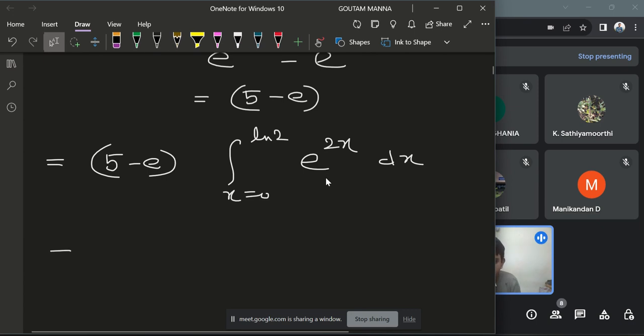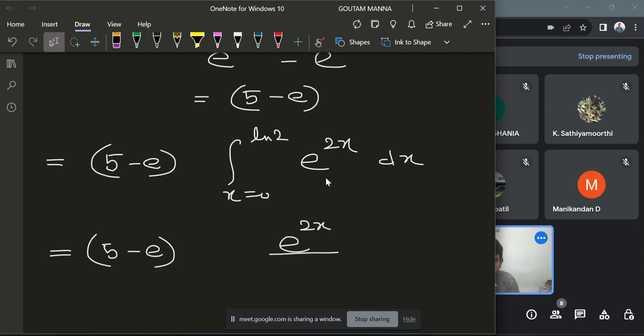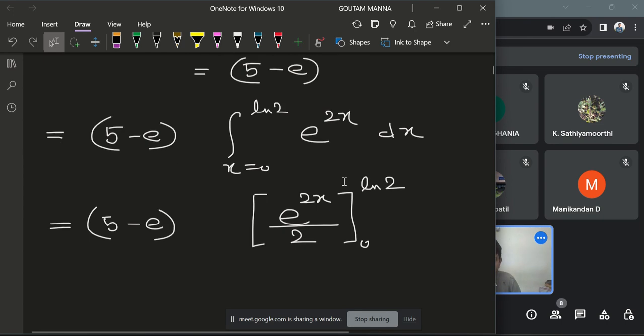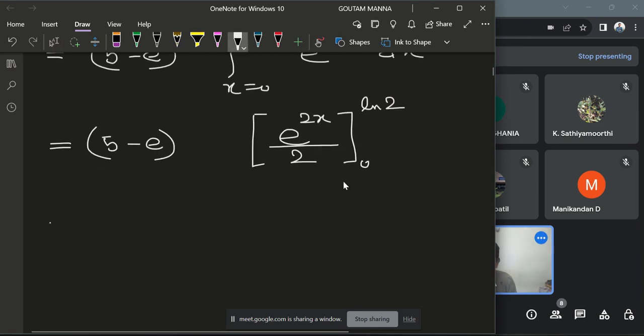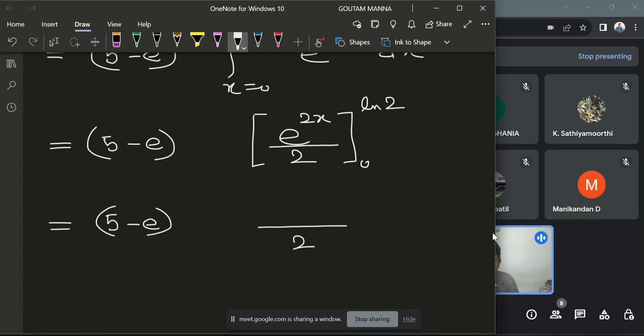If I do this integral, 5 minus e is there, so it will be e to the power 2x by 2, with lower limit 0 and upper limit ln 2.